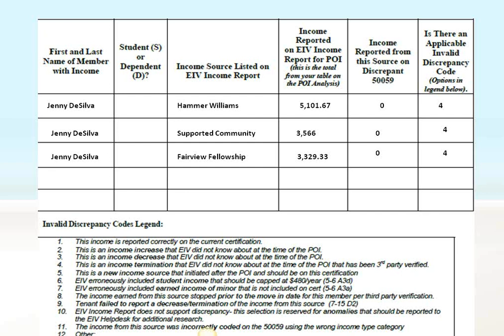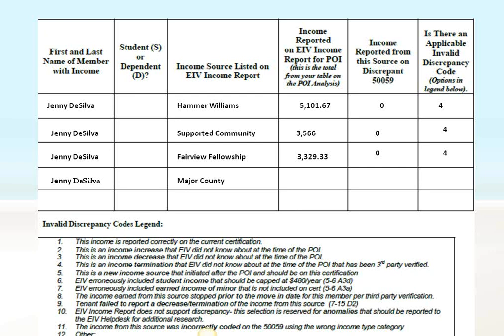Same reason. All of these income sources terminated before the end of the period of income. You already have, in a perfect world, these termination verifications in the file. You've been doing interims on Jenny all this time for all of these jobs that she has lost. Jenny's in your office all the time, right?